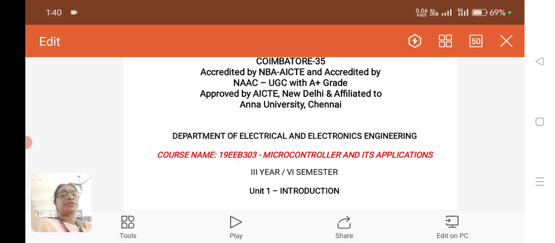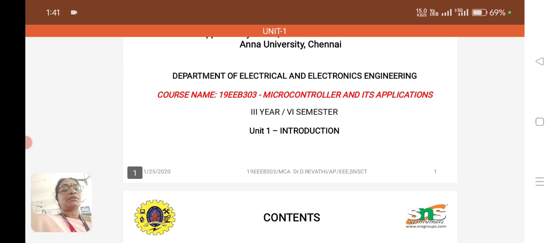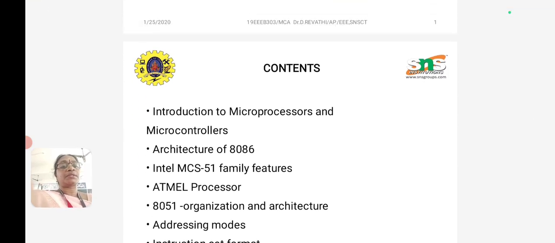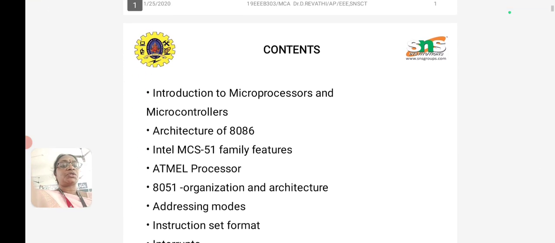In this series, we are going to discuss the subject microcontroller and its applications. We are going to see unit 1. Normally, we know that unit 1 is based on introduction. So, what contents are we going to discuss in this subject, especially in unit 1?